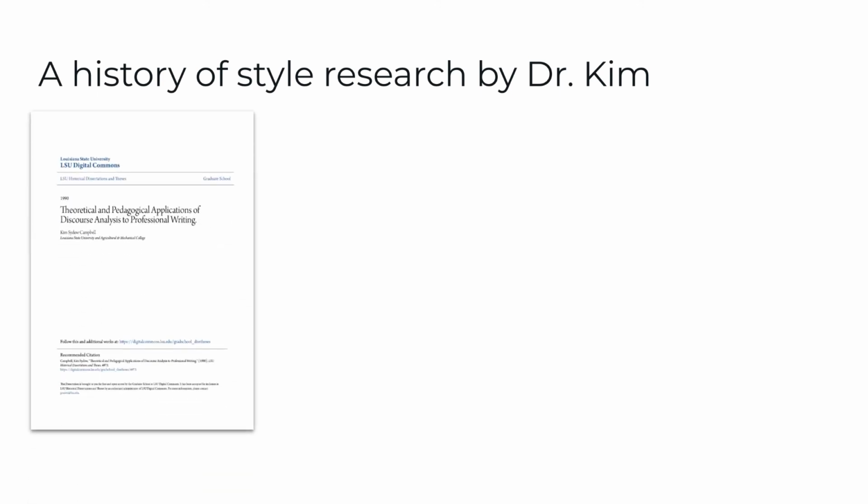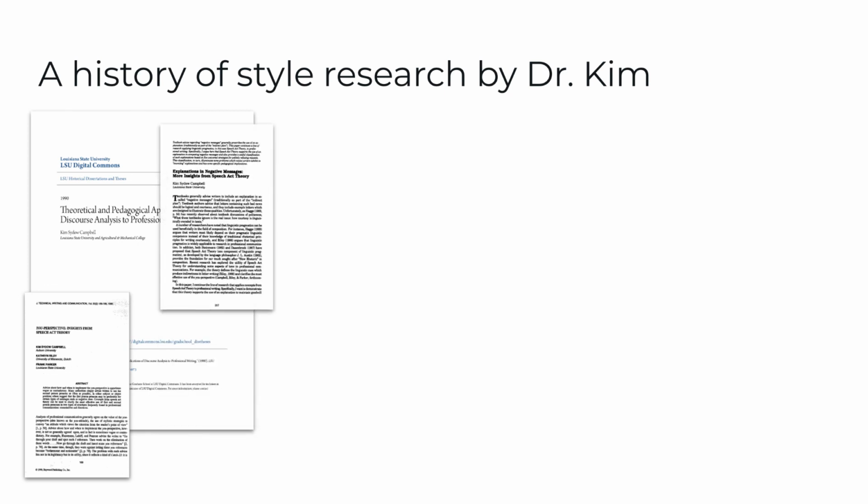So let me say a couple of words about my history of style research. It's a topic that's been near the center of my interests since I was a doctoral student. Two of the major chapters of my dissertation focused on style and were later published as journal articles. One dealt with what textbooks used to call you perspective, and the other on managing tone in so-called negative messages.